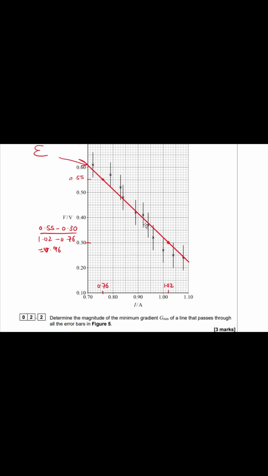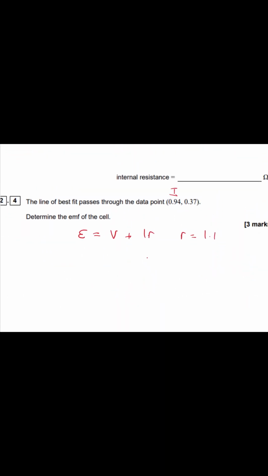So 0.94 is the current, and that's the voltage. So we just have to put these numbers in. You've got 0.37 plus 0.94 times 1.1. Put it in your calculator, I get 1.4 volts. So that's how we'd have done that question.